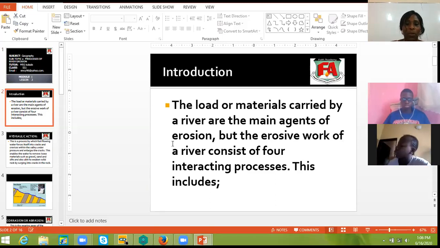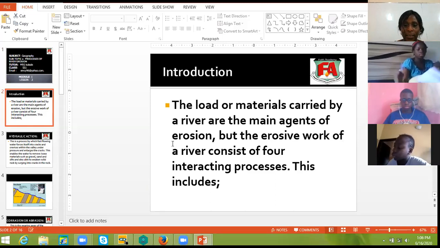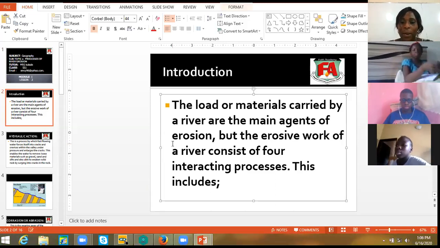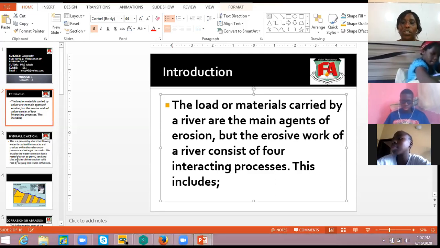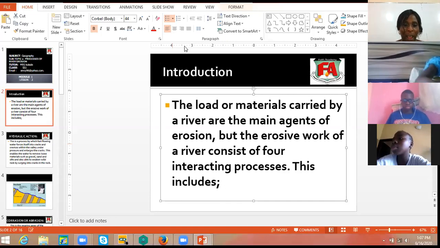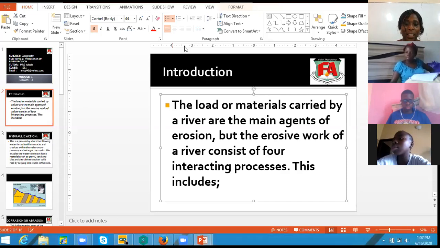Now, I also said that the load or material carried by a river are the main agents of river erosion. It means that erosion cannot take place on its own except there are materials carried by a river.